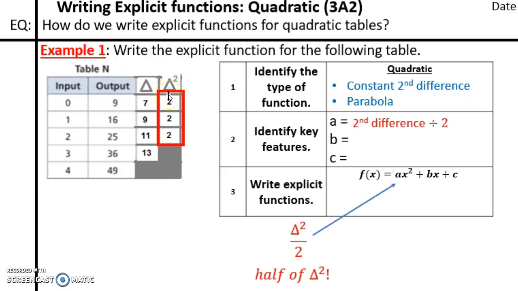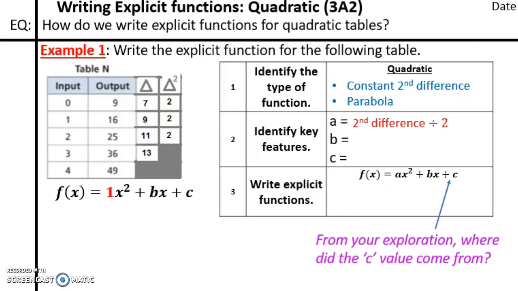Okay, so A is half of the second difference. So because our second difference is 2, half of 2 is 1. So our A is 1. Okay, so here we go ahead and substitute A with 1. Now we need to find B and C.